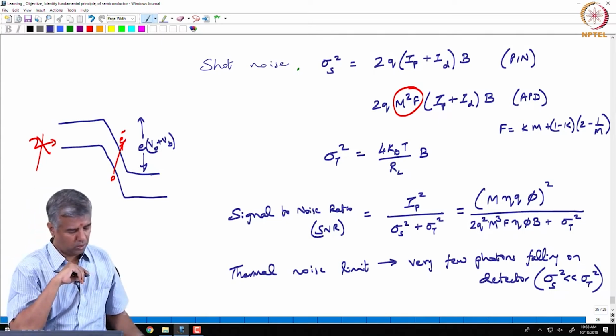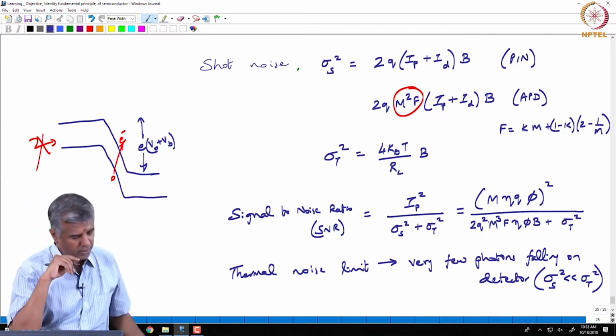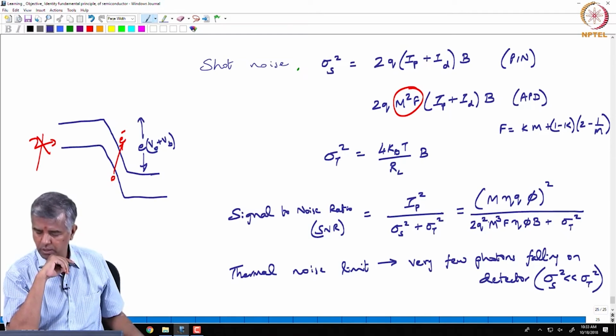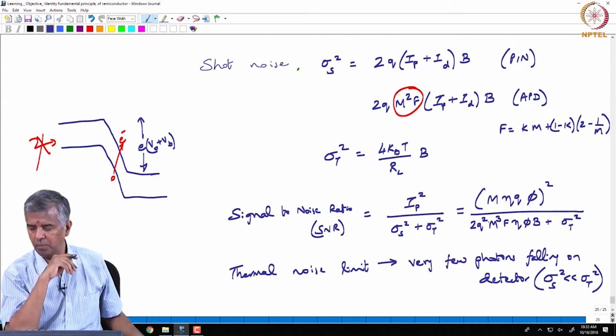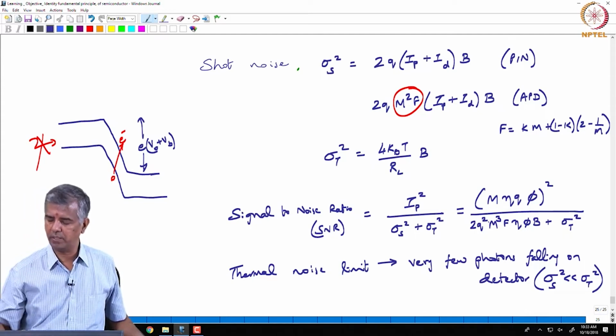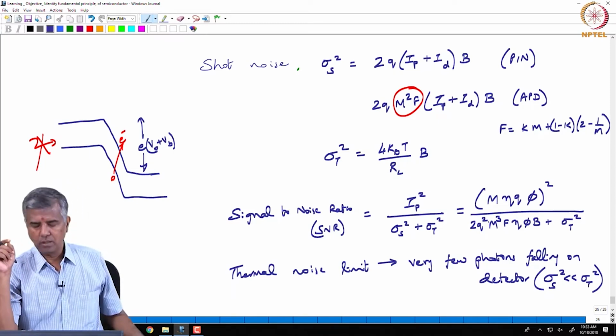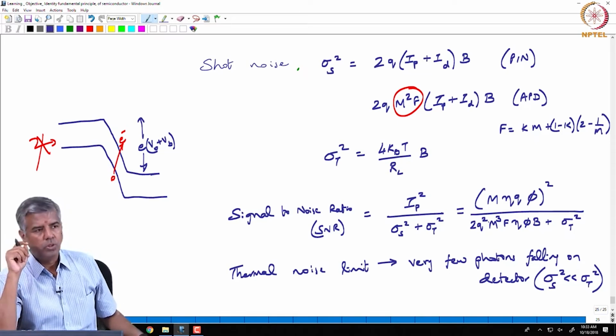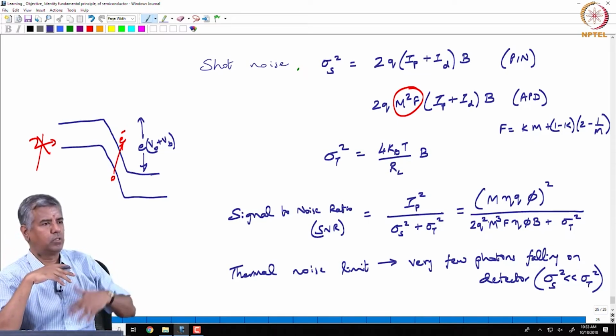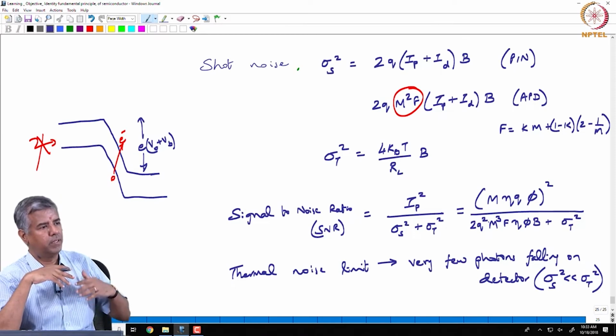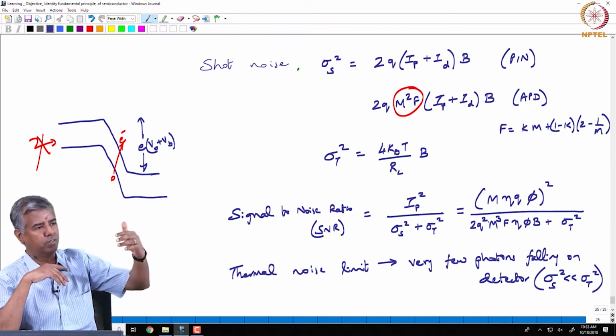So, we can just say that when you have the thermal noise limit, that is sigma_t square is far greater than this other factor, then you know that your shot noise is so low that you can afford to use an APD and increase the shot noise.